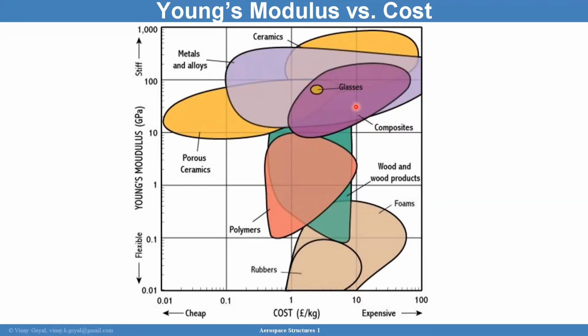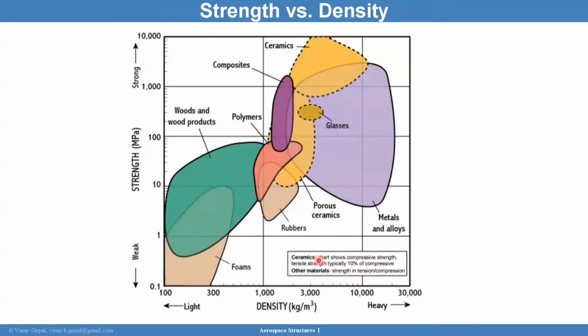Composites are going to be expensive, not just when you buy the materials, but over the life of the program, because composites do come with baggage, and those baggages can be defects, it can be manufacturing issues, and so forth. And then you have other materials like foams and rubbers and other materials that will have different modulus, more flexible, but generally aerospace materials tend to be expensive.